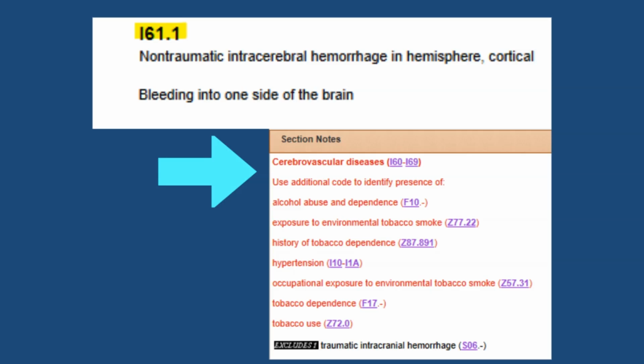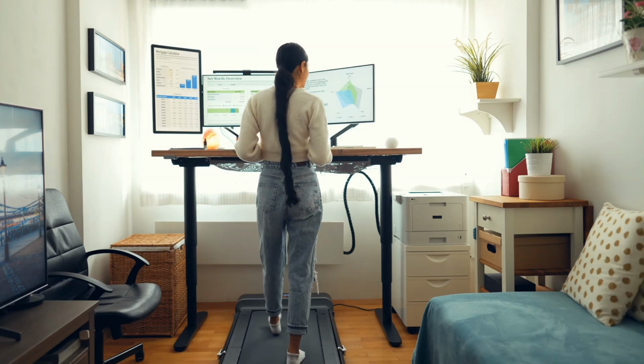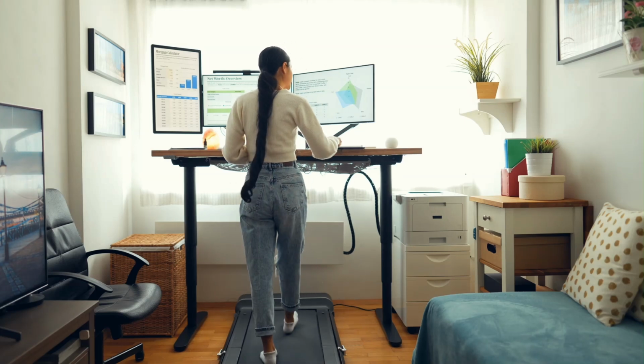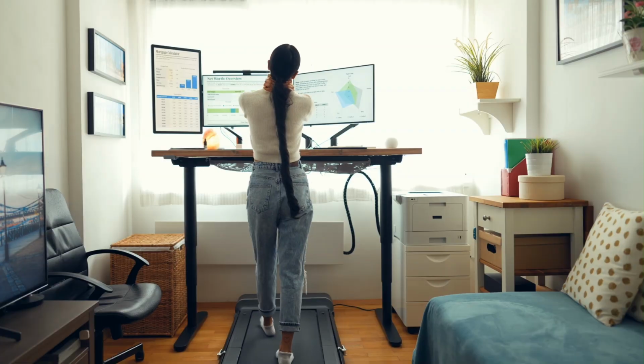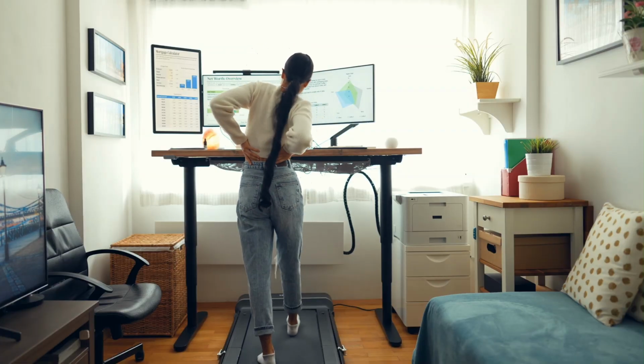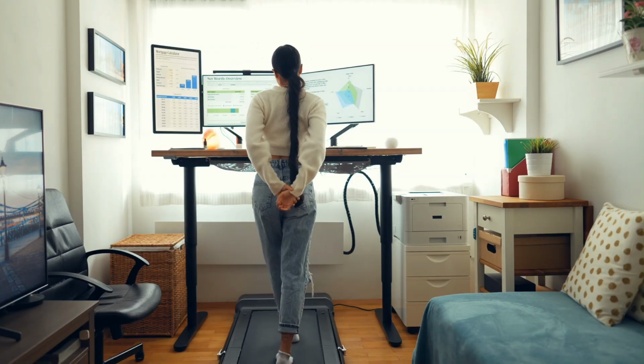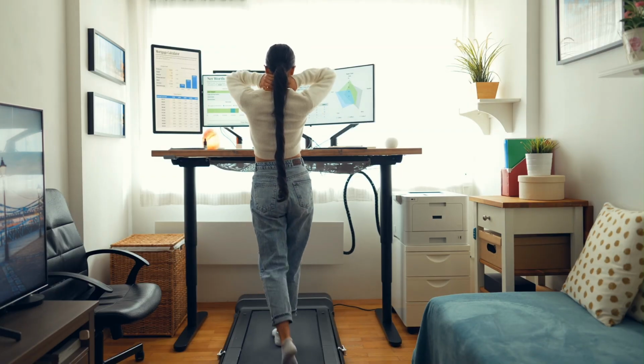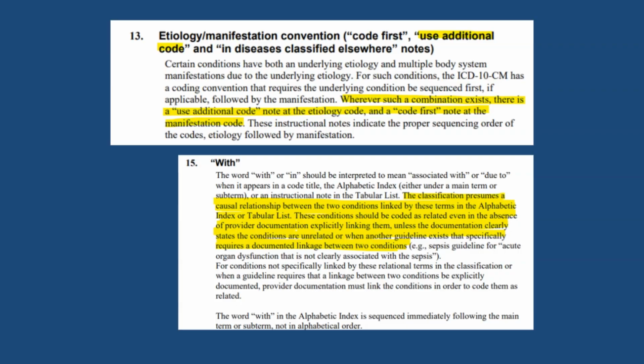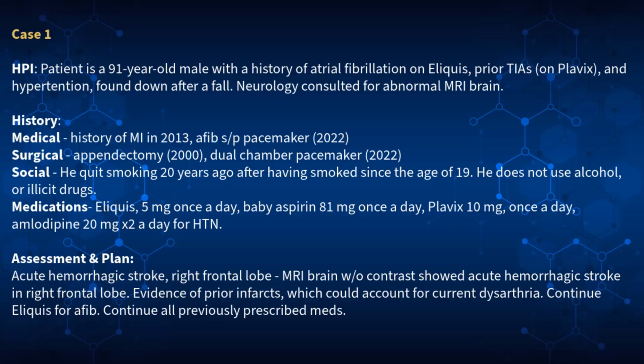All right, now that we've reviewed the anatomy of the cerebrum and have a better understanding of how to apply ICD-10-CM codes based on the documentation, let's continue learning how to apply coding conventions from the ICD-10-CM guidelines that directs us to use additional code when assigning codes for this particular type of stroke, as illustrated here.